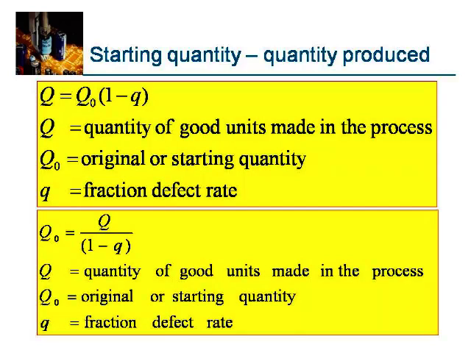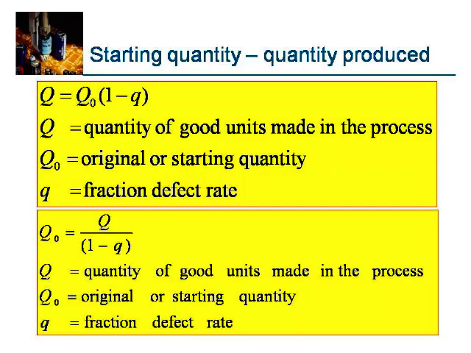If you consider the defective rate or scrap rate, fractional scrap rate, then the initial quantity that are required to produce quantity Q is Q naught. Hence, Q divided by 1 minus q is the initial quantity that you are required. For example, you wanted to produce 100 units, then Q is equal to 100 units with a scrap rate of 10%.